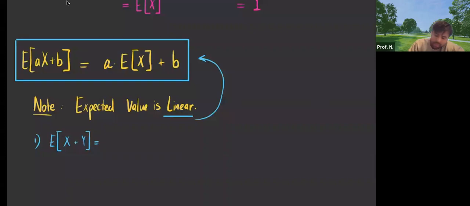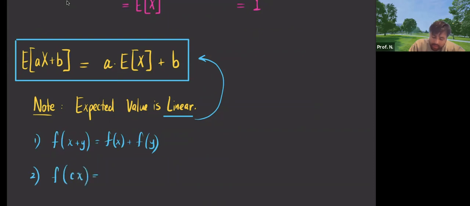Let me make this a bit simpler. A function is linear if the following is true: f of x plus y is equal to f of x plus f of y. And the other property is that f of c times x, where c is a constant, a scalar, is equal to c times f of x.